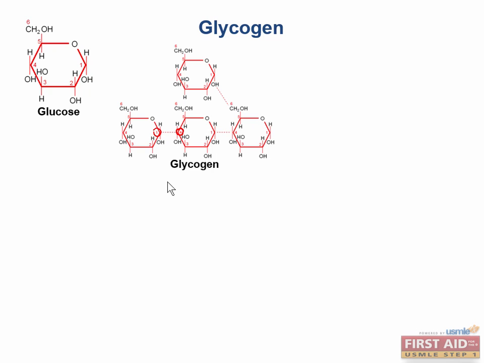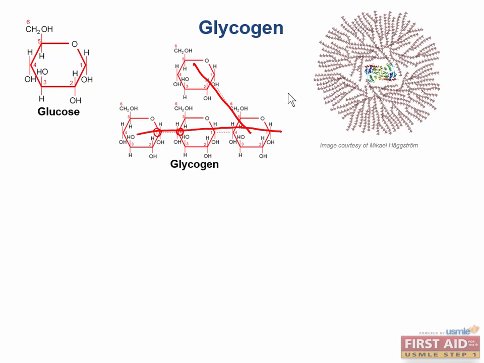As you can see, if we keep connecting with 1,4 linkages, you'll end up with a straight line, whereas the 1,6 linkages are going to come off at an angle, or a branch point. So notice how we're creating a branch. Now, why are we even talking about these linkages? Well, by storing glycogen in a linear form with multiple branch points, long polymers of glucose can be stored in a compact form.